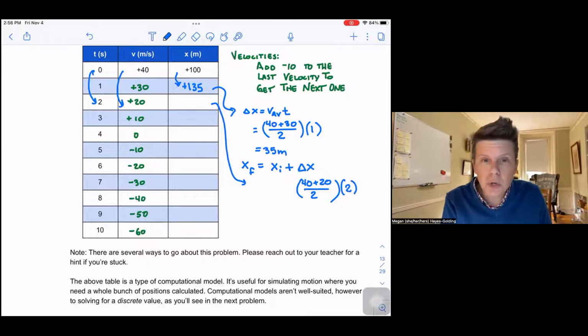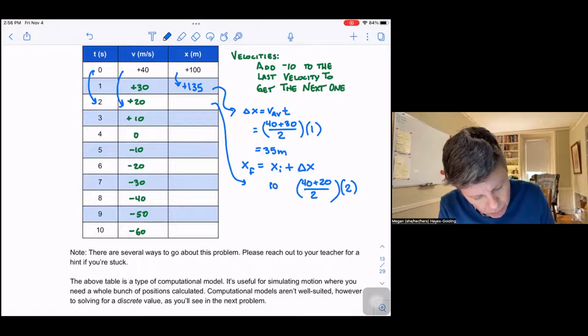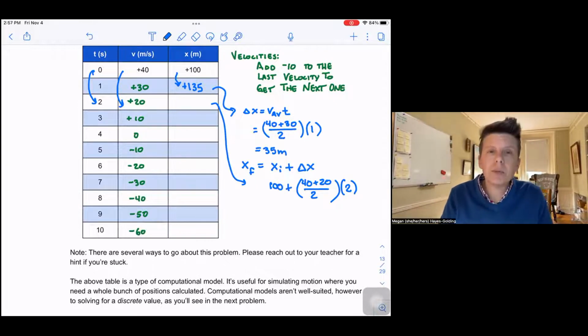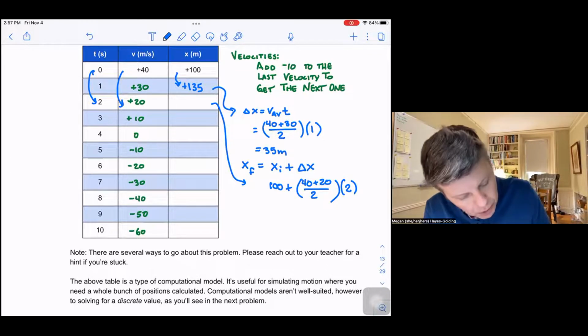And I'm going to go ahead and do this all in one step. It's the initial position plus that. I would recommend that you learn to do this all in one step on the calculator. So I'm going to do 100 plus parentheses. I get a position of 160 meters.